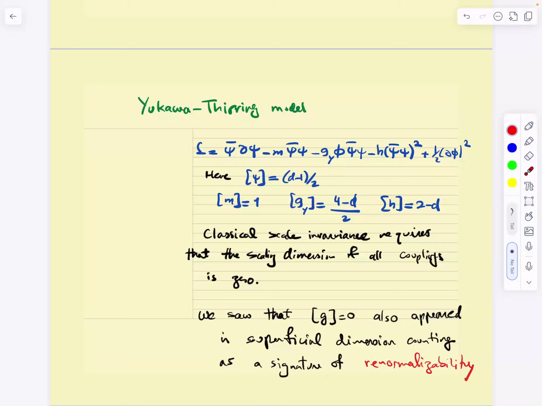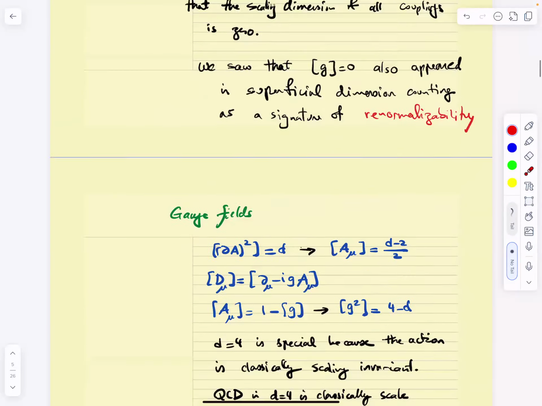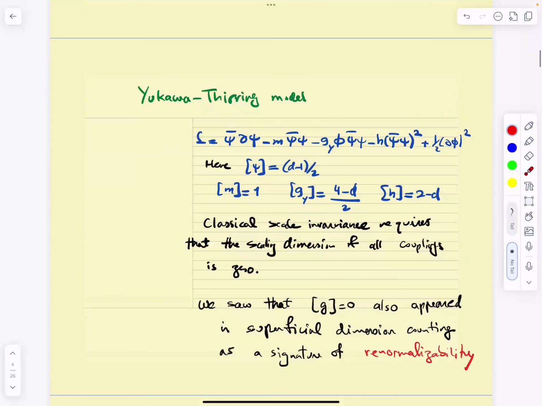So at this point, there is a connection that we find at the level of classical analysis between classical scale invariance and renormalizability. This is very high level, and we have to discuss this in more detail. It's very nuanced and complex, but this part of the course is going to be all about this.